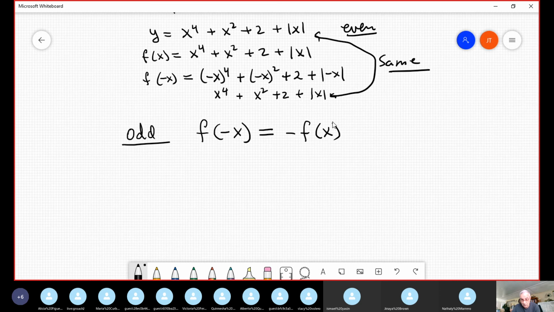In other words, the reflection about the y-axis is identical to the reflection about the x-axis. What is a very common example of this function?